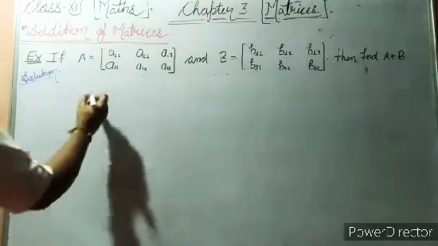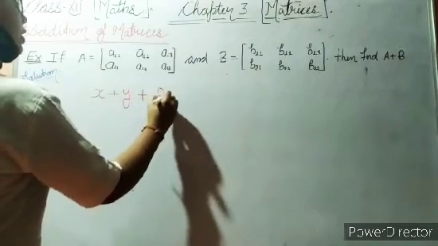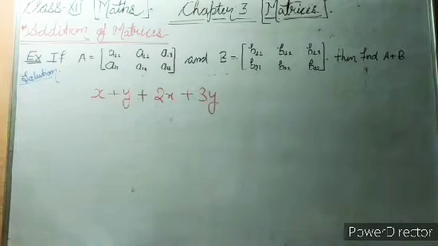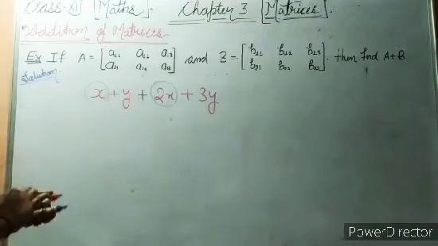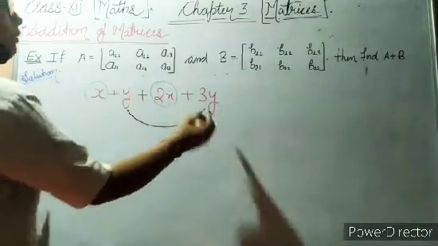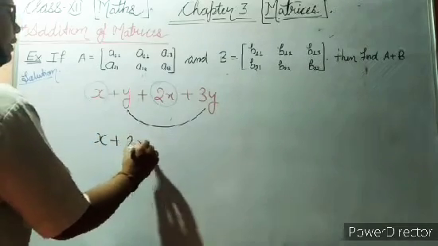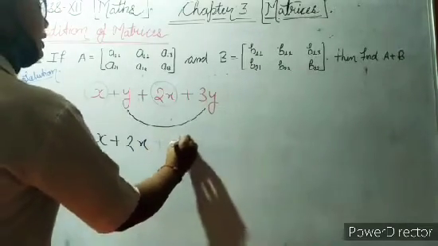You know that in an algebraic expression, if you want to add, you add x with x and y with y. That's why we always did x plus 2x and y plus 3y.